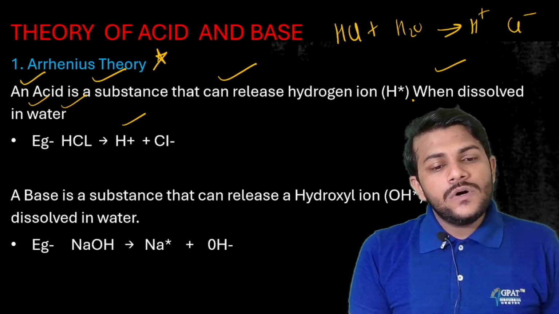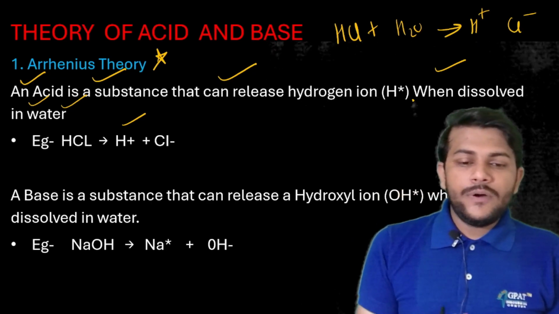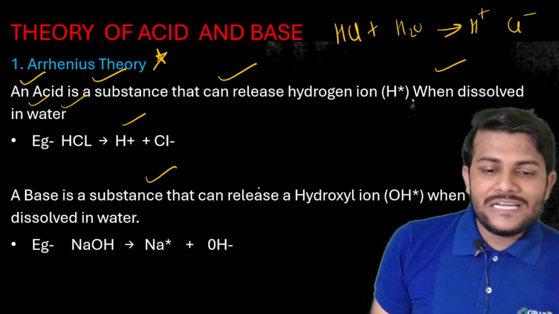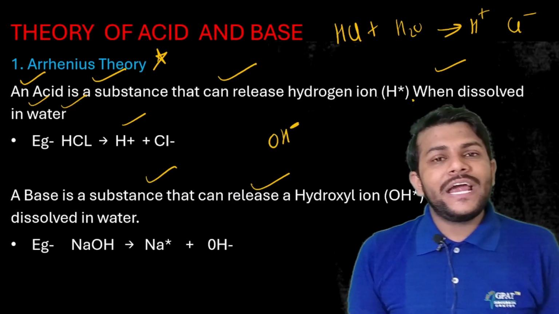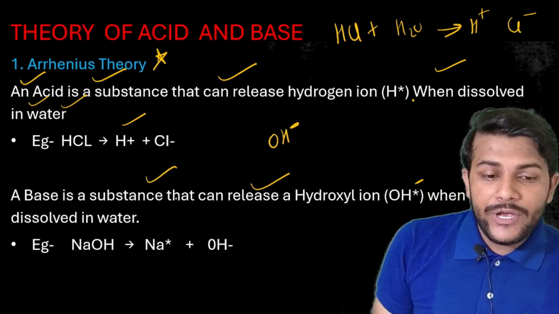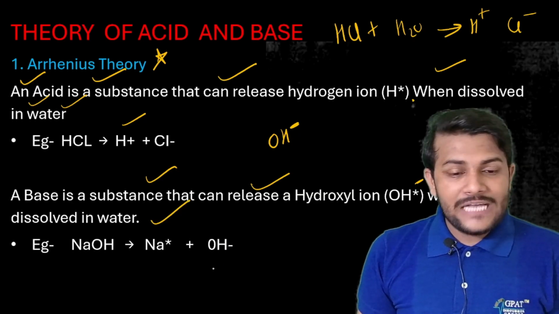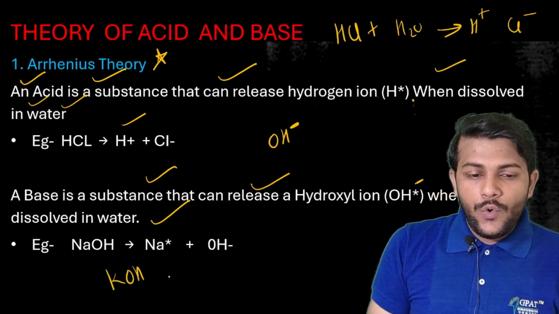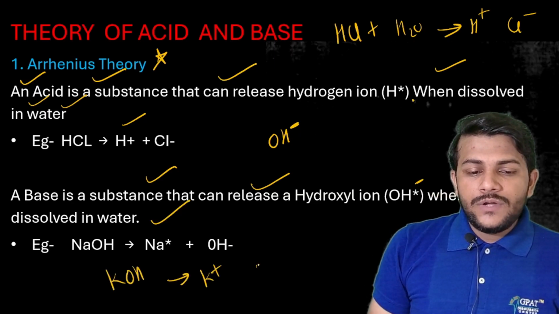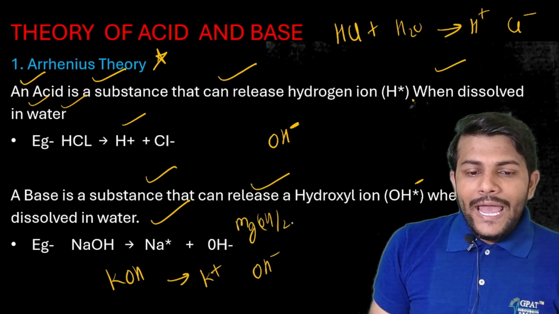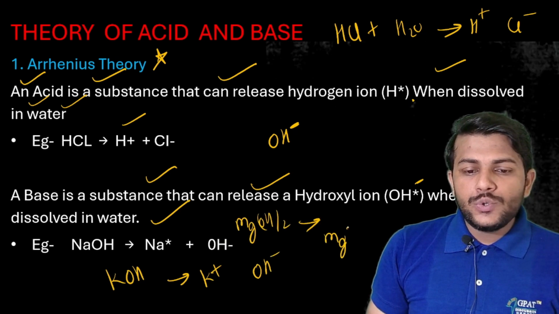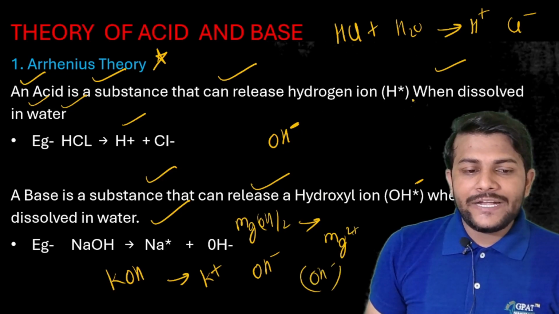Got it? So next, the definition of base. A base is a substance that can release the OH negative ion. Suppose we have NaOH, you are able to see the example here. If we have KOH, that also undergoes dissociation into K positive, OH negative. Mg(OH)2 gives Mg2 positive and OH negative.